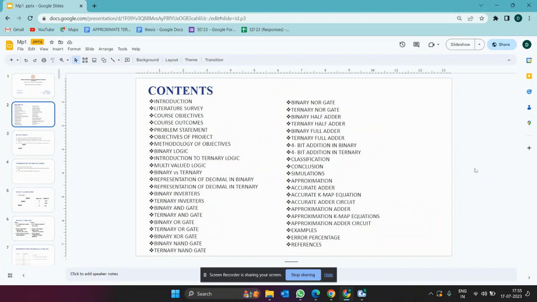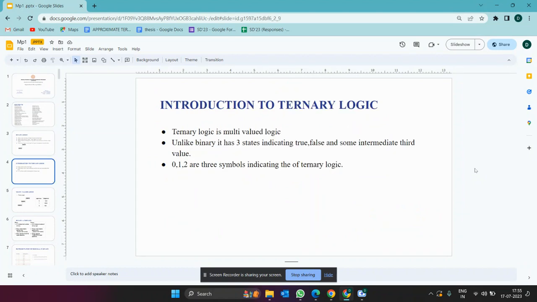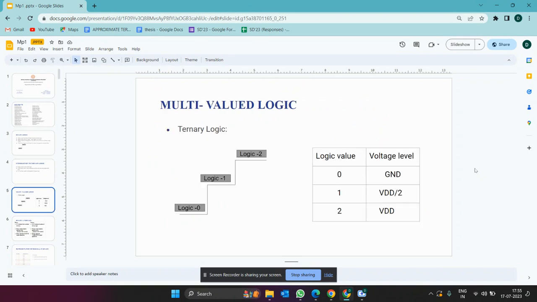Now let's get into the comparison between the binary and the ternary logic. The binary logic has two logic levels, that is 0 and 1, but in the ternary logic we have three states, that is 0, 1, 2. Here we have the intermediate state, so we can use the intermediate voltage values.